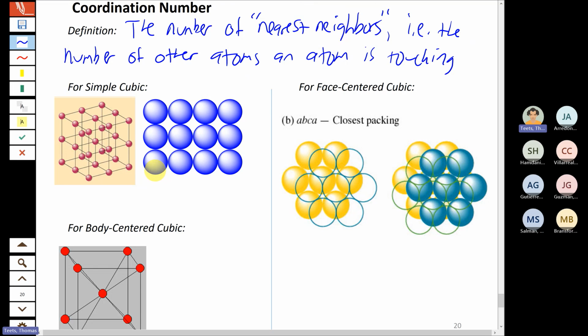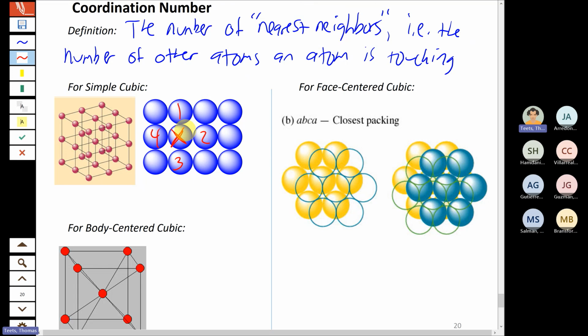If you look at the simple cubic structure, let's focus on this atom right here marked with an X. In the same layer as that atom, you have 4 other atoms that are touching it, one on each side. Those 4 would all be nearest neighbors and count towards the coordination number. And then if you think about the layers being stacked on top of each other, you have one above that's in the layer on top of it, and one below that's in the layer below it that are also touching that atom.